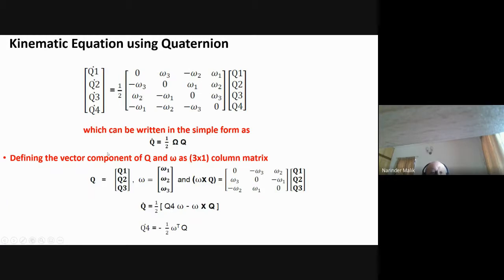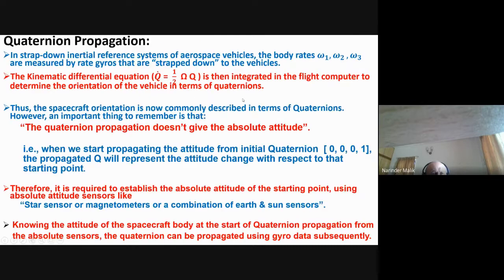I can define the Q vector quantity, which is a 3 by 1 column, and I can represent this Q matrix, this vector in this form, the scalar in this form. This is very easy to represent. Similarly, I can take omega 1 outside and do this. These are manipulations of this simple quantity.